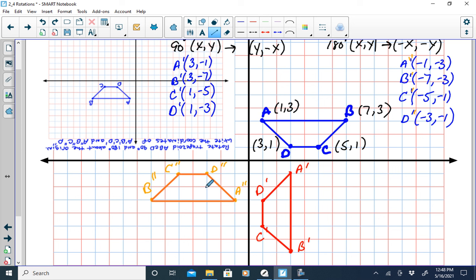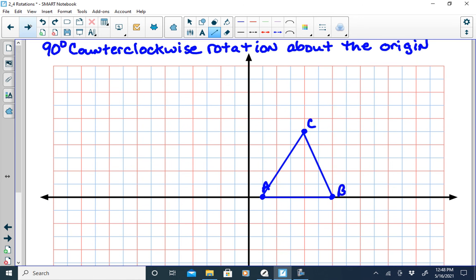It certainly does. So we can use the rules to find our 180-degree rotations clockwise and counterclockwise, because 180-degree rotations would be the same whether they're counterclockwise or not, and our 90-degree clockwise rotations as well. Okay.